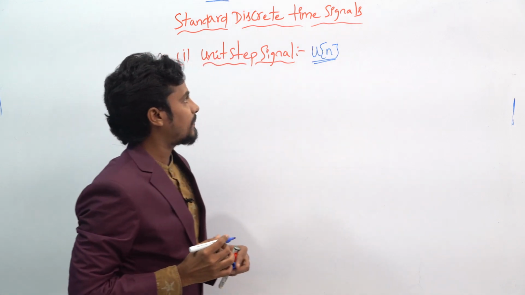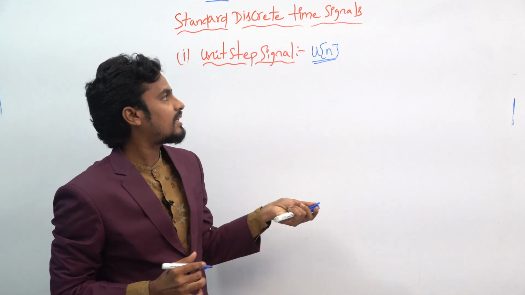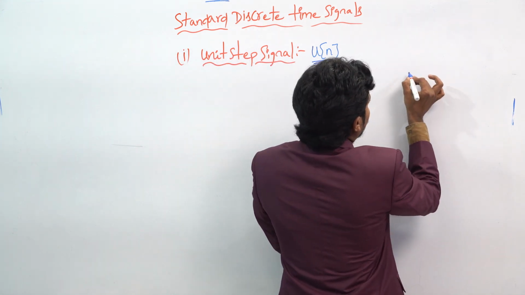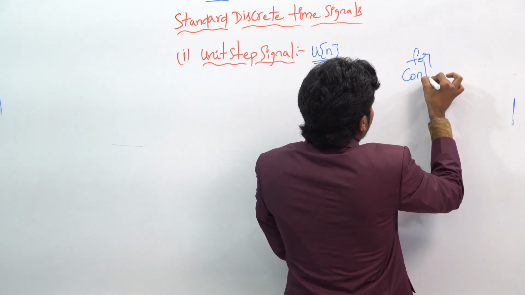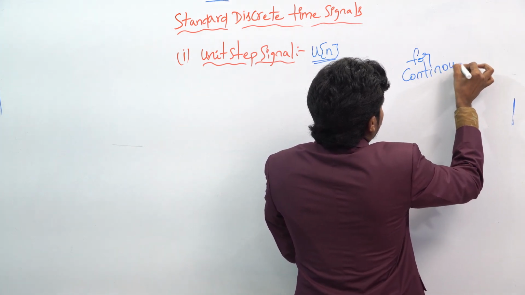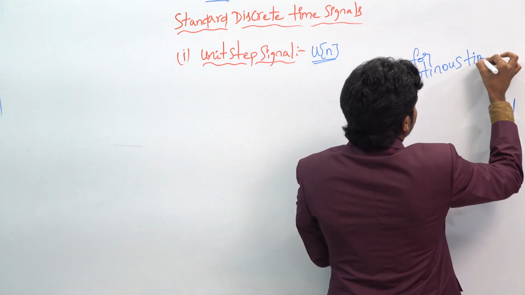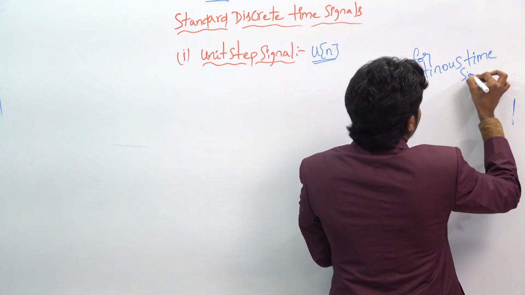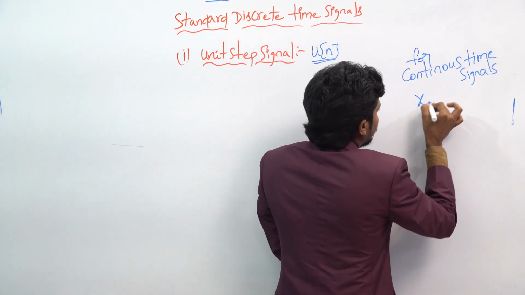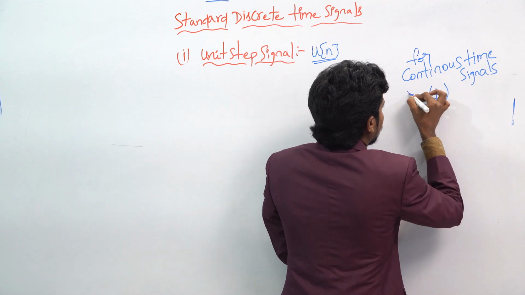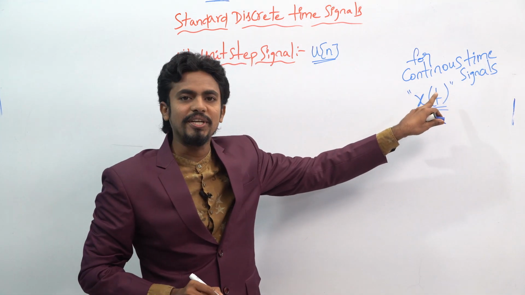In general, for continuous time signals, the representation is x of t. Here t is the independent variable.